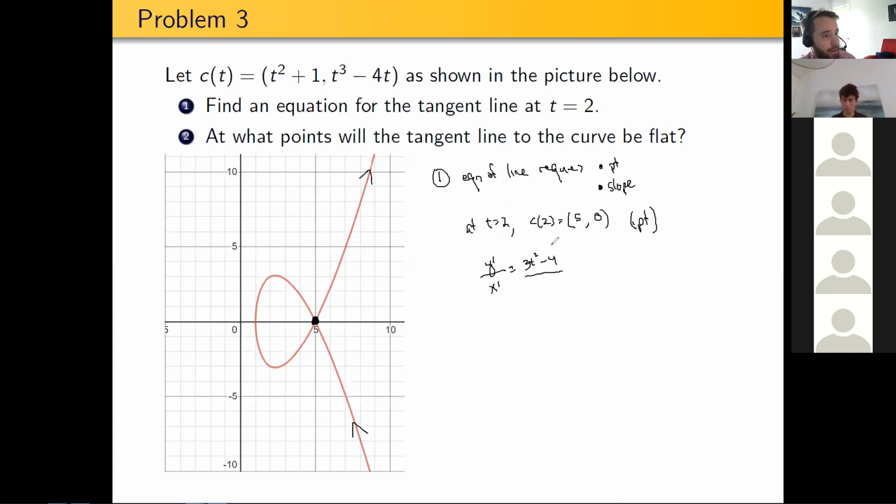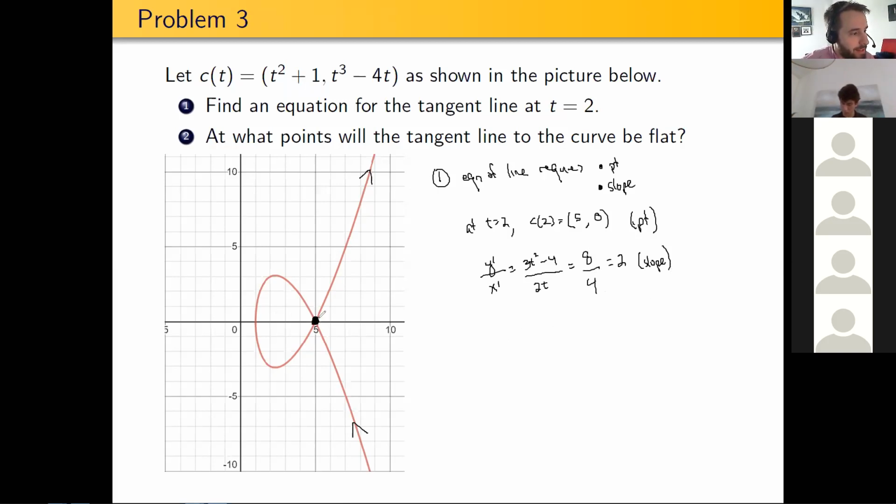Our x prime is just going to be 2t. And at time t equals 2, this will become 3 times 2 squared, so 3 times 4. So 12 minus 4 is 8, divided by 2 times 2, which is 4. And so we will get that our slope is equal to positive 2.